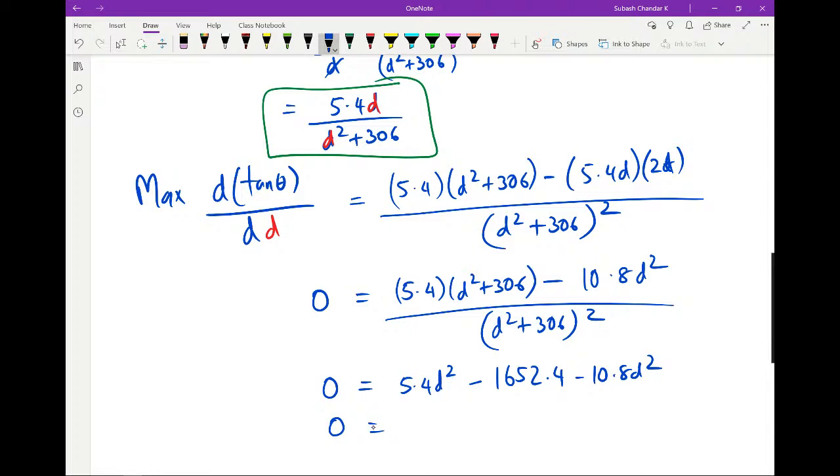So 0 is equal to negative 5.4 d squared minus 1652.4.